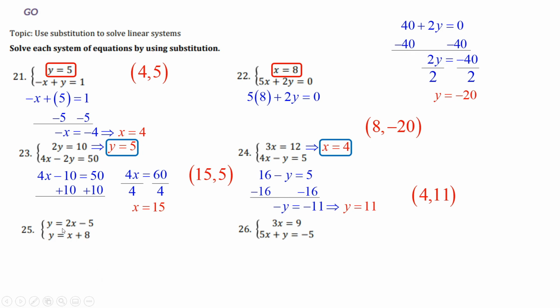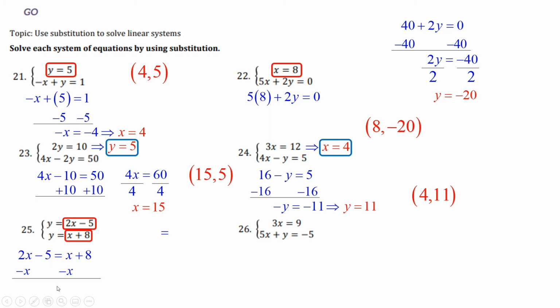Now 25, we have two oblique lines, one with a slope of 2 and one with a slope of 1. Where do they intersect? Well, if y equals 2x minus 5 and y equals x plus 8, doesn't that imply that 2x minus 5 would have to equal x plus 8? And now we can take this and solve for x, so I would subtract x from both sides.